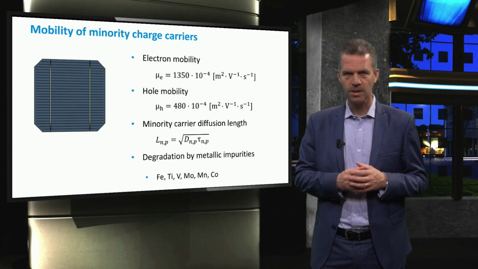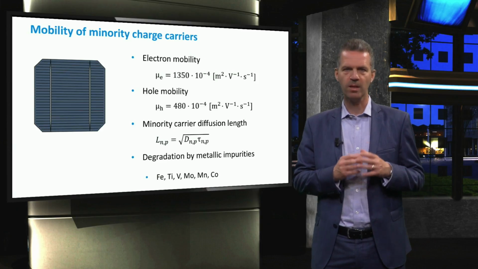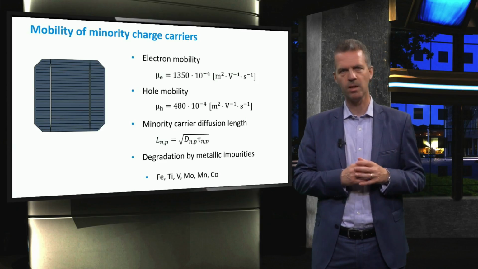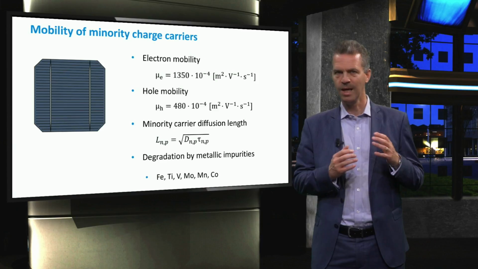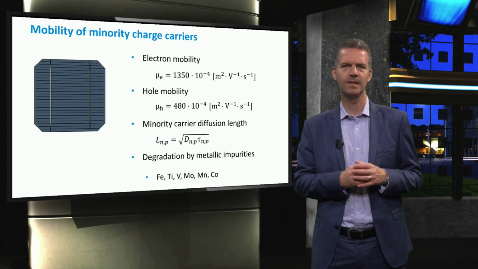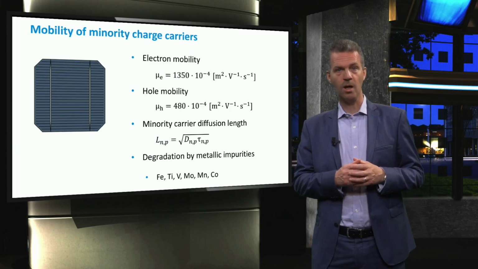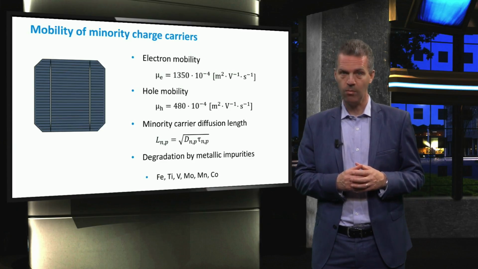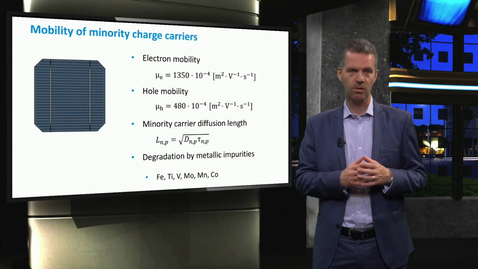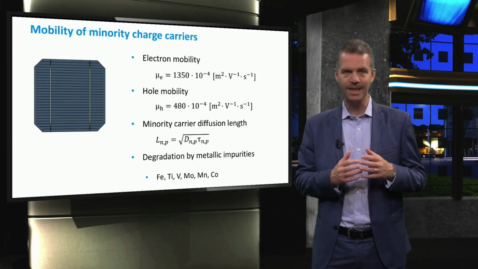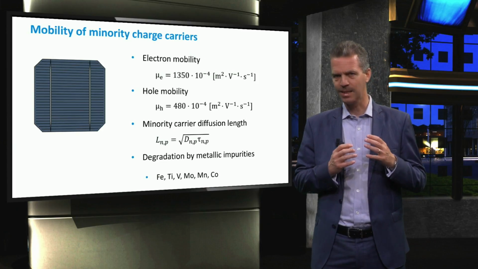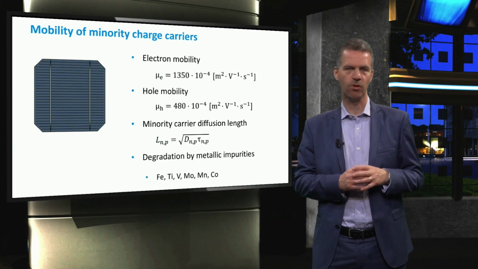The underlying physics is beyond the scope of this video, but it results in a superior minority carrier diffusion length, even though the minority hole mobility is lower. Moreover, while moving towards higher purity grade and thinner wafers, the minority carrier diffusion length starts exceeding the thickness of the wafer, placing more importance on front surface engineering.